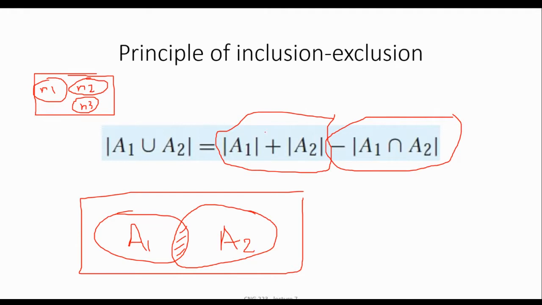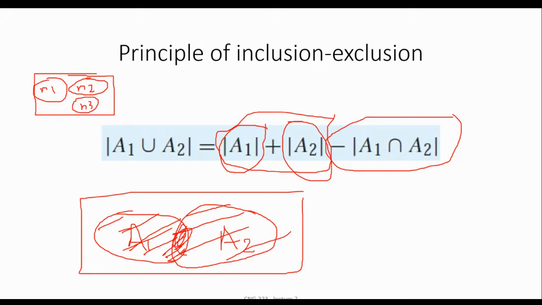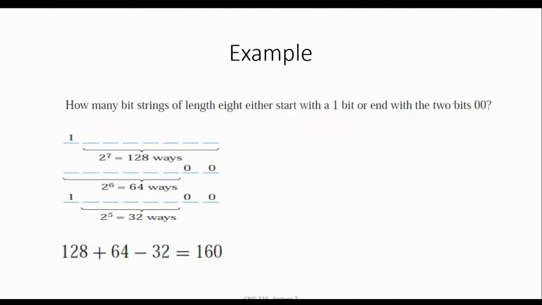Because first, assume that I find the size of A1. So I count the number of elements inside A1, and then I do it for A2. And you see, twice I did it for this area, their intersection. That's why I need to subtract it once so that I will have exactly the number that I'm looking for.